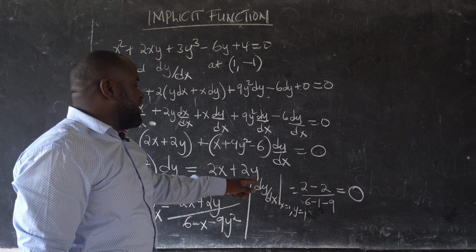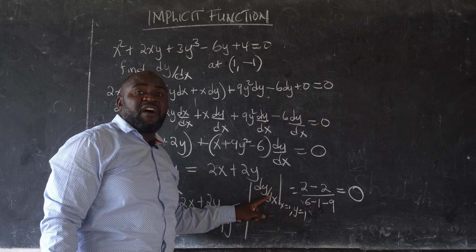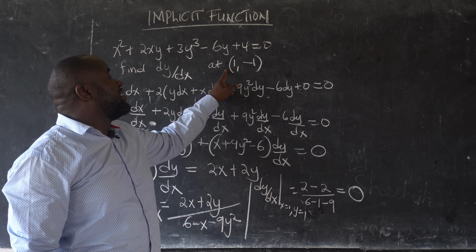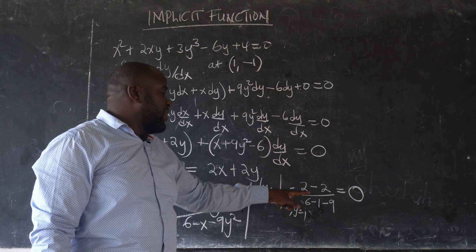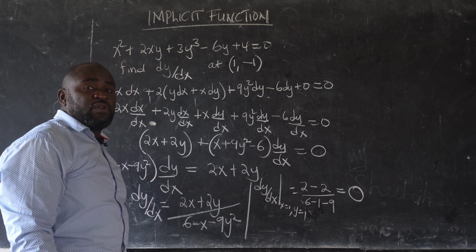So it means the derivative of this function at the point y is -1, x is 1, when I substitute them, I'll get the derivative as being equal to 0.